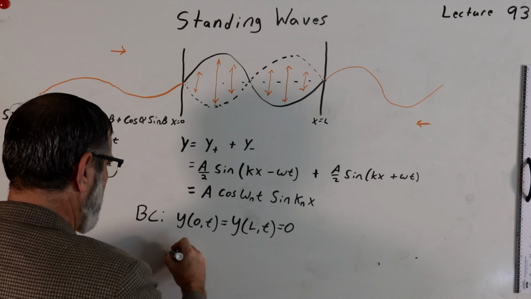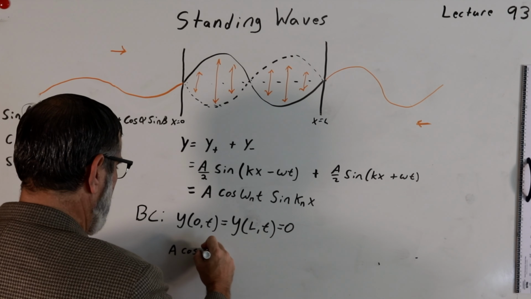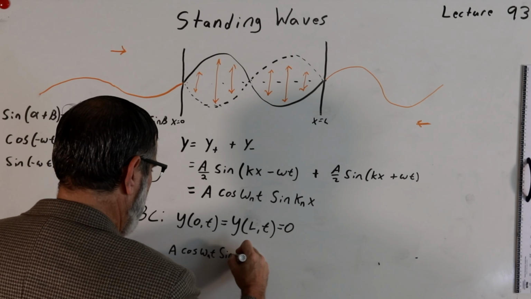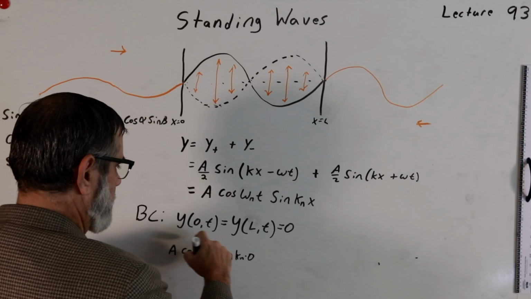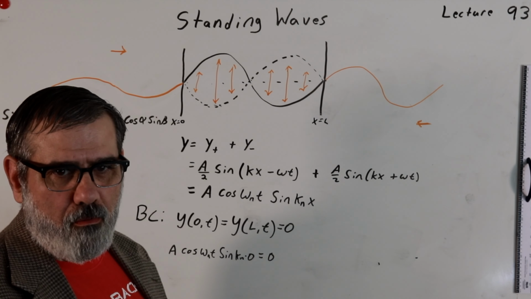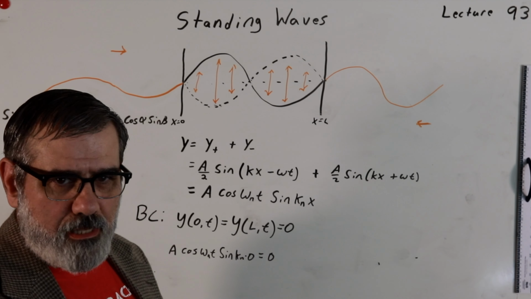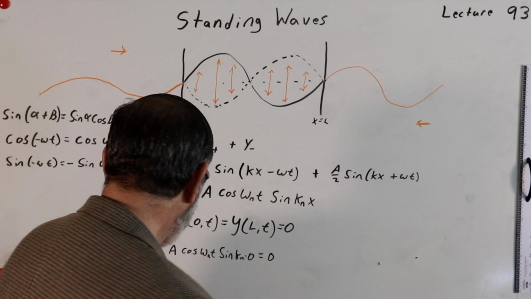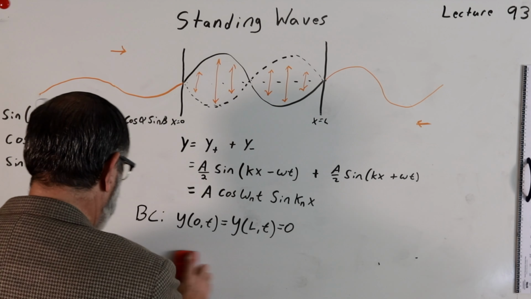So when does a cosine omega sub n t times the sine of k sub n times 0, because x is 0, equal 0? Well, always, because the sine of 0 is 0, right? So that's already set. That's part of the reason why we chose to start out with a sine wave instead of a cosine wave, okay?